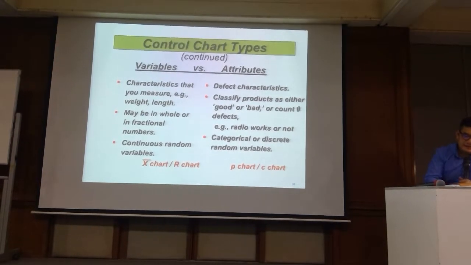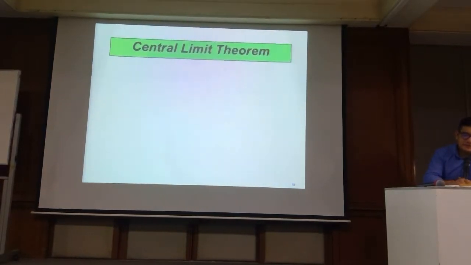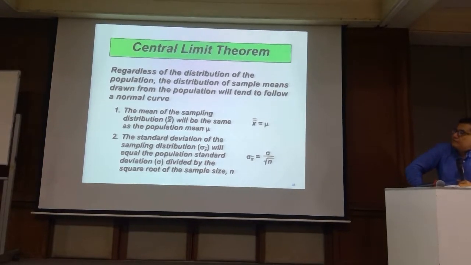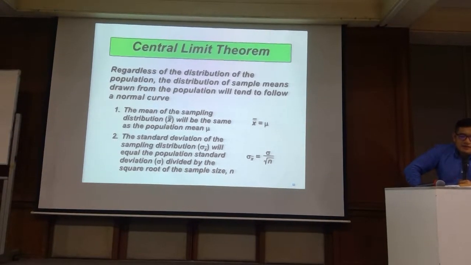Okay, and this one is the concept that I just told you about, the central limit theorem, because we are using the concept of sampling, right? Based on the central limit theorem, if you take enough samples, no matter what distribution the population has, the sampling distribution is going to be a normal distribution with the same mean as the mean of the process.